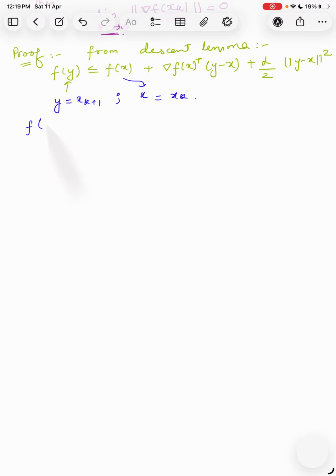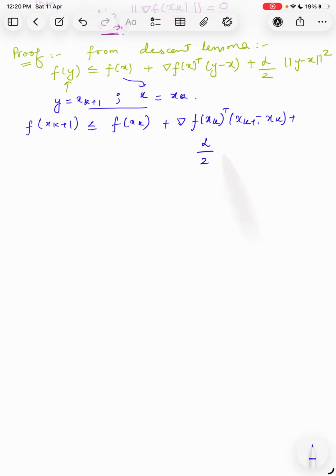So f of xk plus 1 would be less than or equal to f of xk, putting these values in the descent lemma, plus the gradient of f at xk transpose times, instead of y minus x, we'll have x of k plus 1 minus xk, plus L by 2 times the norm of xk plus 1 minus xk, whole square.